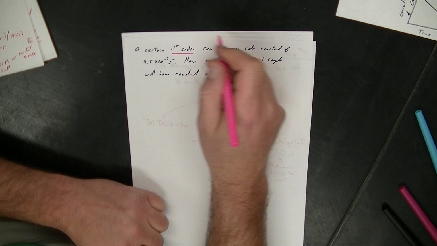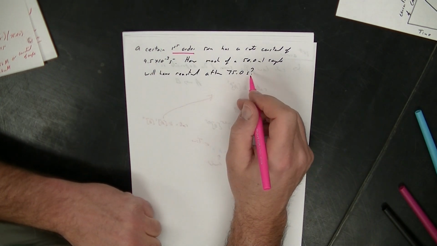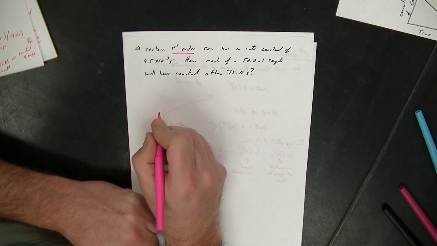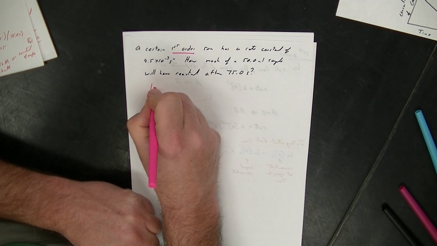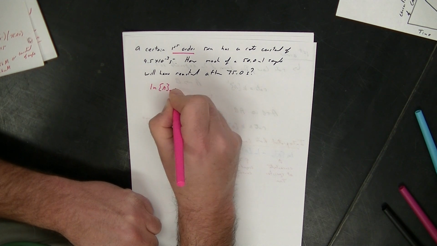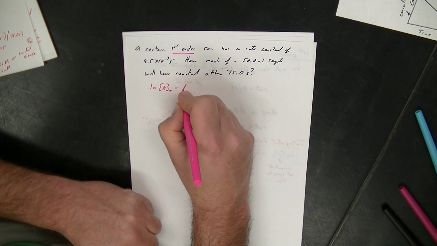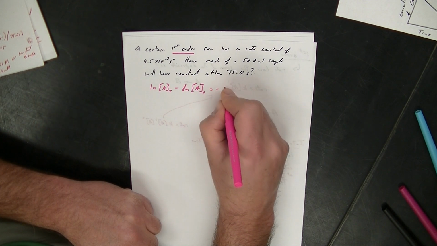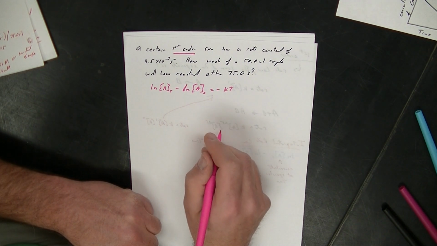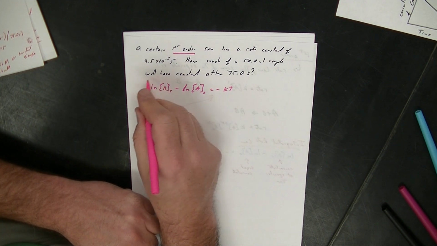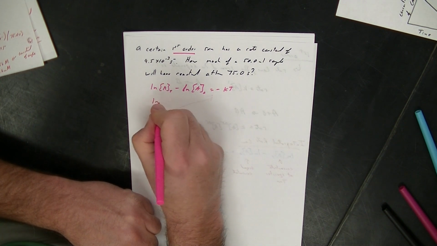We're trying to figure out a specific concentration at a specific time, so we're going to use the integrated rate law for first order. We're going to use ln A at time t minus ln of A original equals negative kt. So now we can substitute. This is what we're trying to calculate.